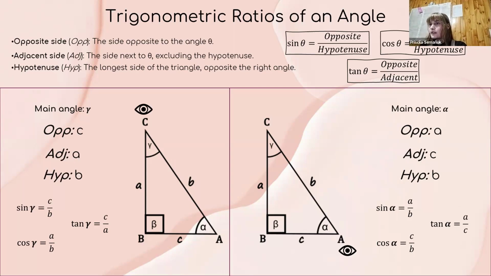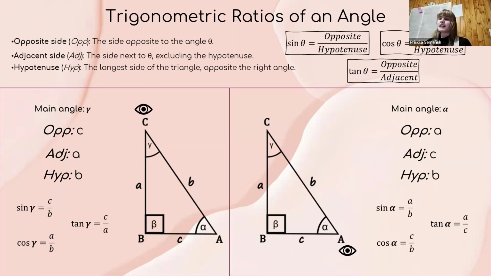So the opposite side is the opposite to the one that we are standing on. So imagine, let's take, for example, the triangle on the left, okay? You see where I drew the eye? Let's see it in a way that we are just standing here, okay? Now, the opposite side is going to be the one that we're facing.